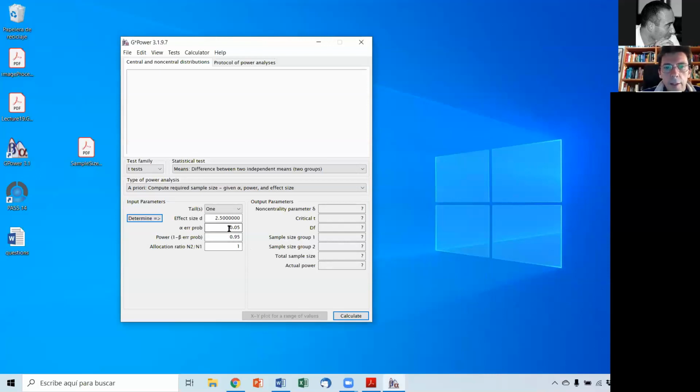And then here you have how often you want to be wrong about saying that the drug makes an effect, but it doesn't. This is the type 1 error. This is the statistical power, and it has been fixed to 0.95, but you can put whatever number there. And whether you want to use the same number of animals in both groups or not.